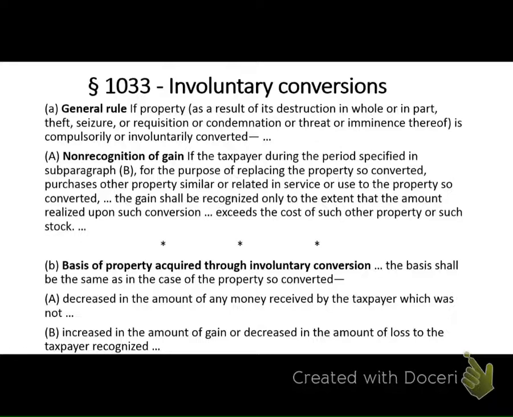What do we have? We have problem 8. I think I mentioned the general time limit for reinvestment for involuntary conversions is 2 years from the end of the year in which you realize the gain.